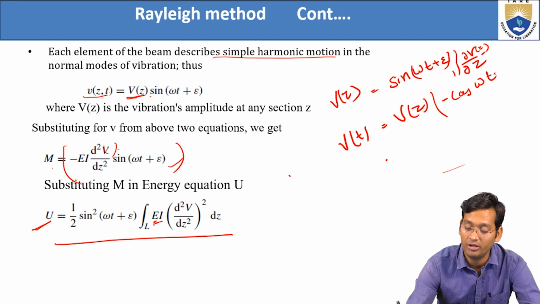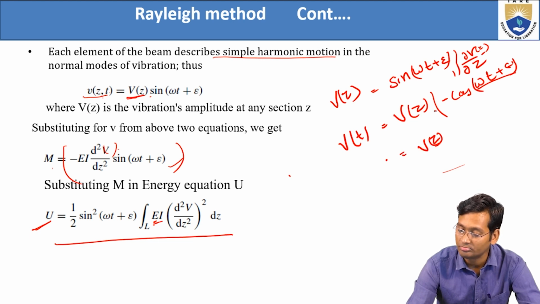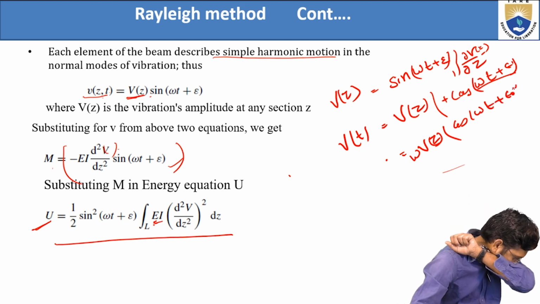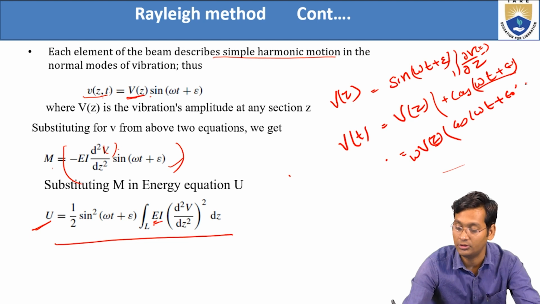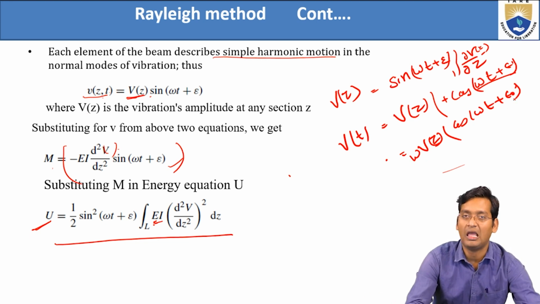Differentiating here, cos(ωt + ε), the differentiation of this will give you ω. So Vz, okay, this is plus Vz of what? Omega into Vz cos(ωt + ε), sorry, ω of Vz cos(ωt + ε), right?